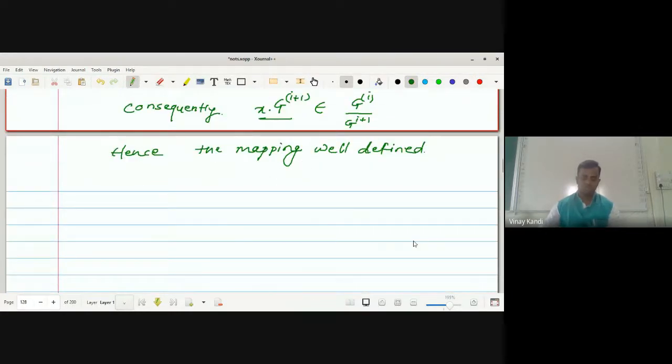So this function is a well-defined function. Also, let us assume x and y are any two elements belonging to the ith derived subgroup of H. So what is f of x y? By the definition of f, we get x into y into G raised to I plus 1.